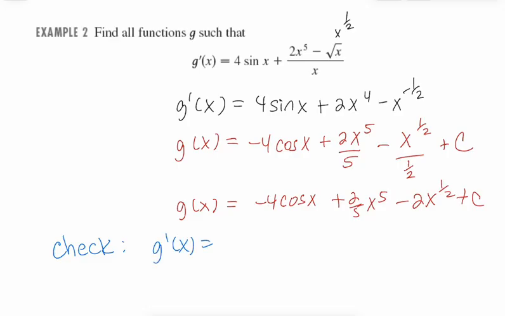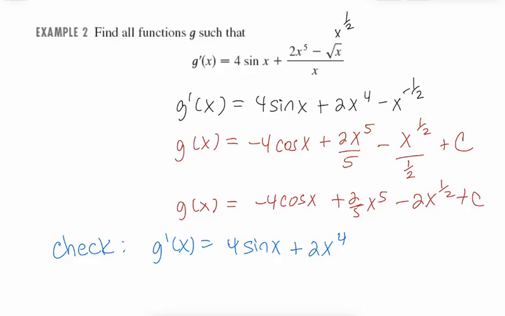The derivative of negative 4 cosine of x is positive 4 sine of x. That part worked, that's good. The derivative of 2/5 x to the 5th: the 5 would drop down in front, so it would just be 2, and then x to the 4th.